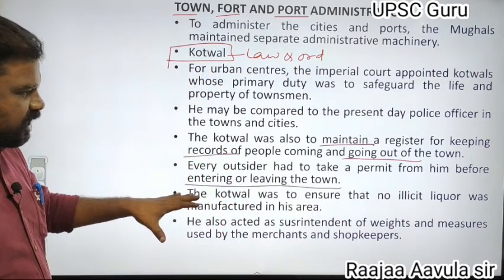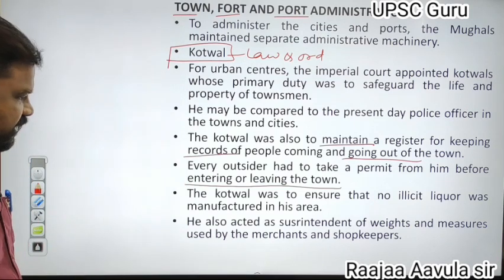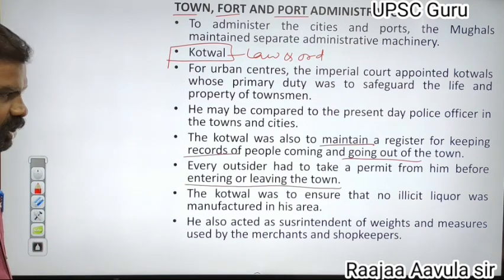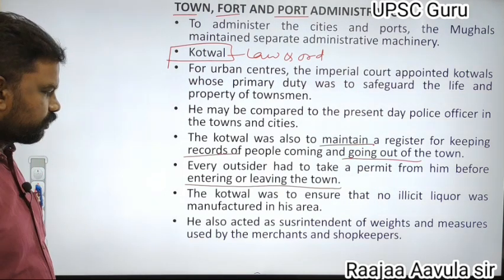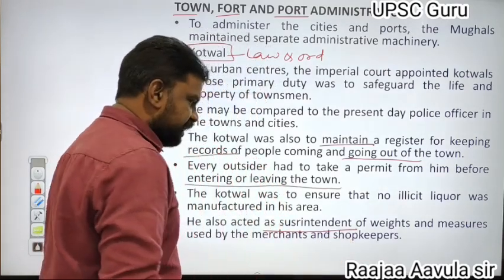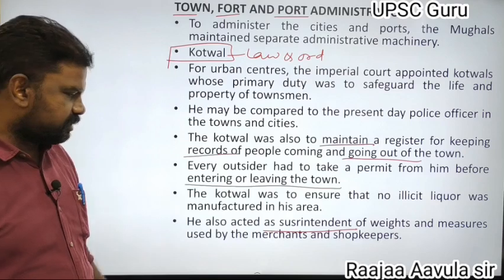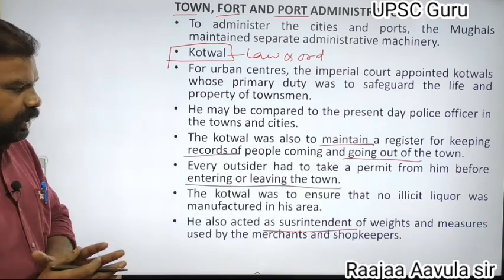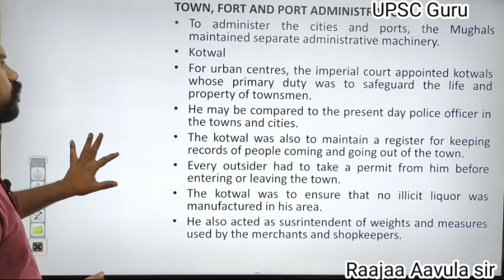The Kotwal ensured that no illicit liquor was manufactured in his area. He also acted as superintendent of weights and measures, for merchants and shopkeepers.